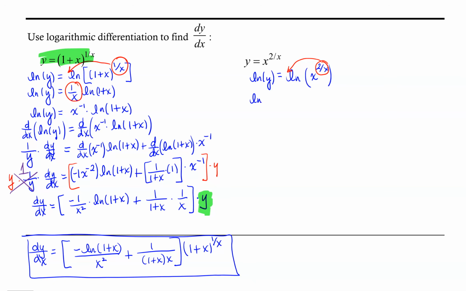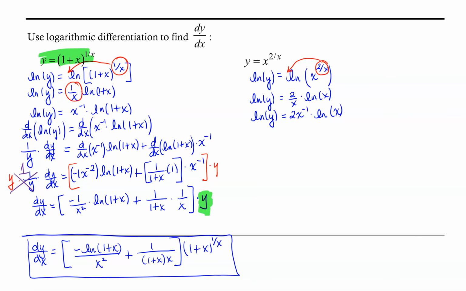So we'll have the natural log of y equals 2 over x times ln of x. And then let's rewrite that 2 over x in preparation for the derivative. So ln of y equals 2 times x to the negative 1 power times the natural log of x.